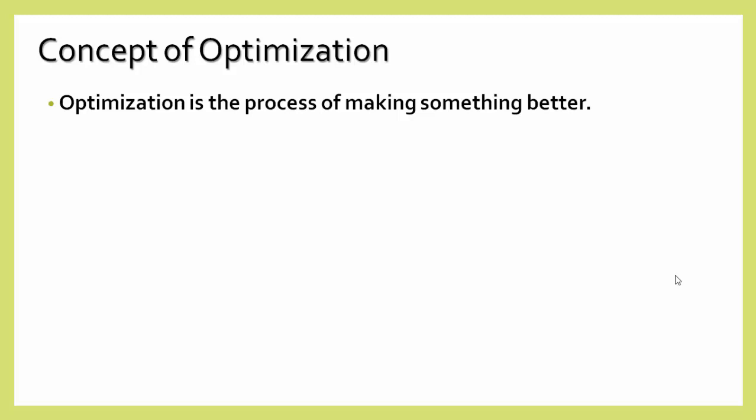So what can be a solution to update these objects so that we can get a better road structure, and solve the existing problems if there are any? So we are creating a process of making something better. Optimization is the process of making something better.